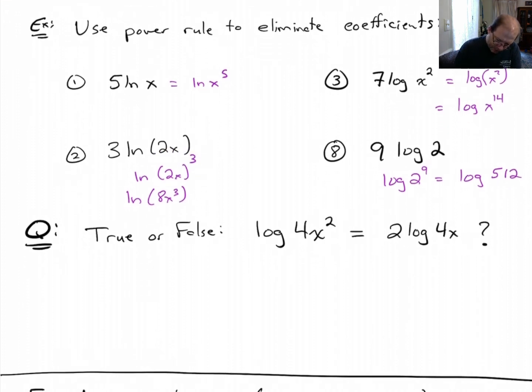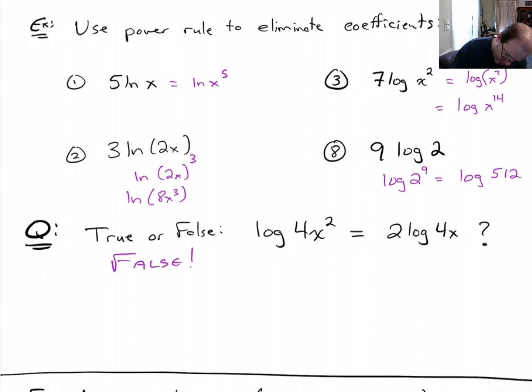So here's a question for you. True or false? Log of 4x squared is equal to 2 log 4x. So what it's doing is hopping this 2 down front. What do you think? This is false, because if you have a log of 4x squared, you can't pull that 2 down front because the 2 only applies to the x.